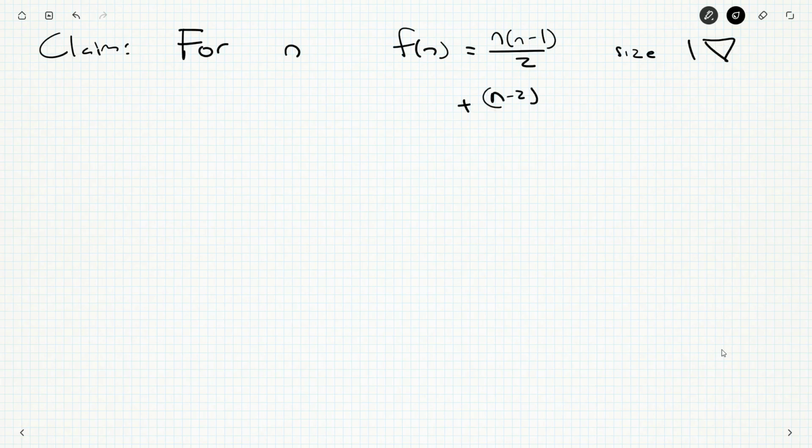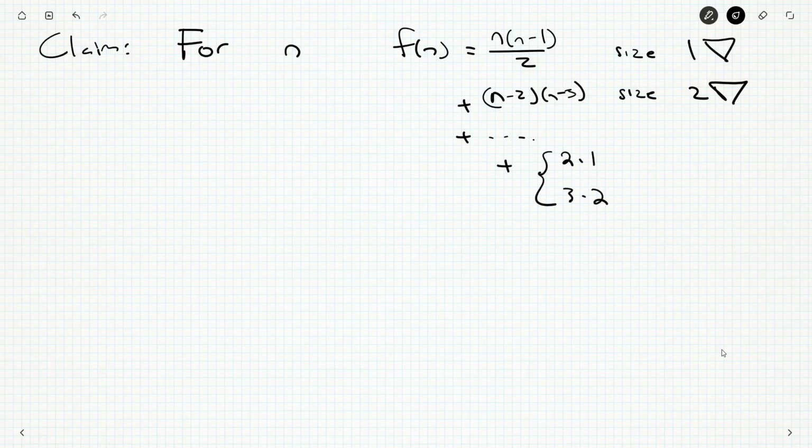Plus n minus 2, n minus 3, size 2 downward triangles, plus all the way down to plus either 2 times 1 or let's say 3 times 2, size, what's my size there? Size n over 2 triangles.